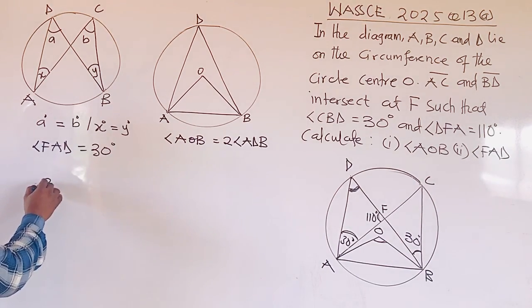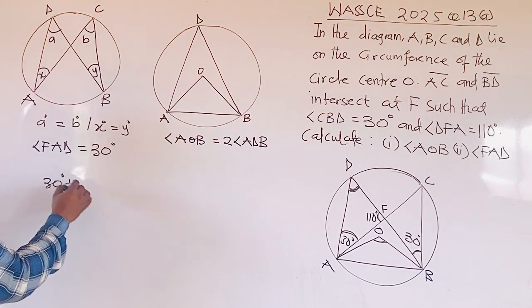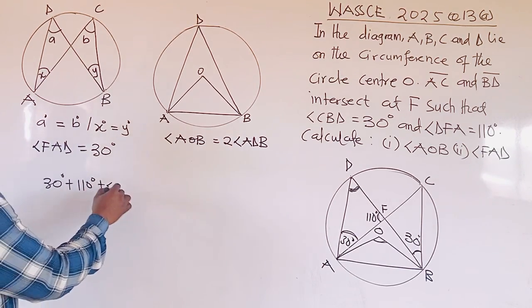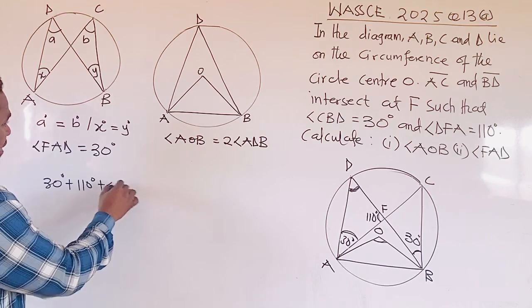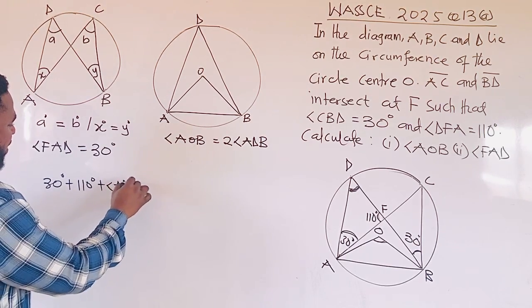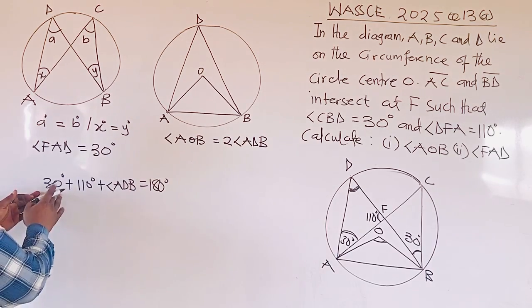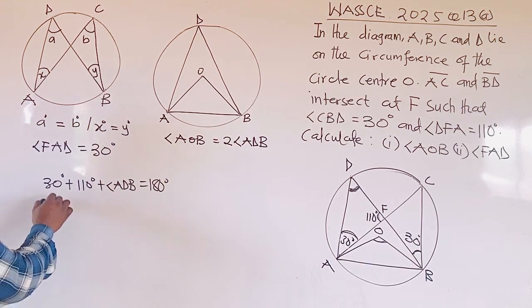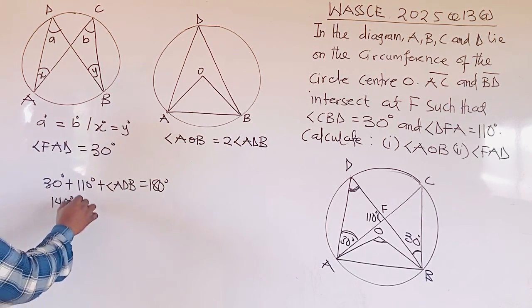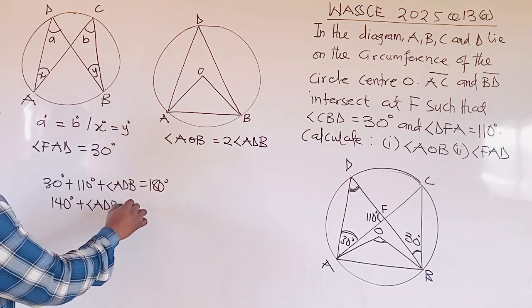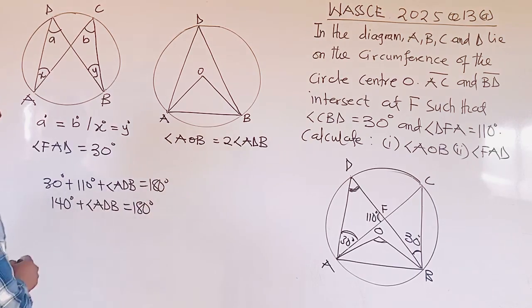So we can say that our 30 plus 110 degrees plus angle ADB should be equal to 180. Now 30 plus 110 will give us 140 plus angle ADB equals 180.